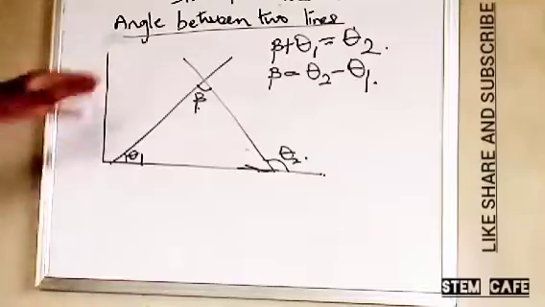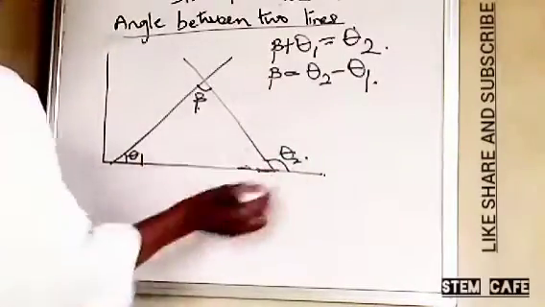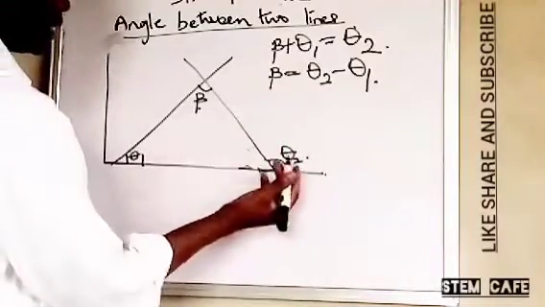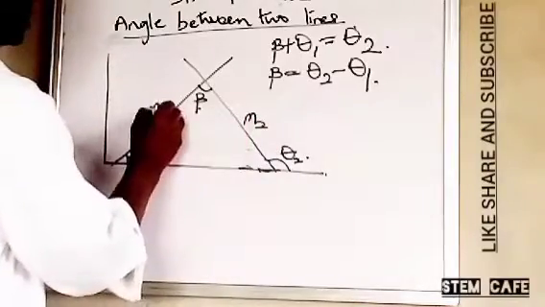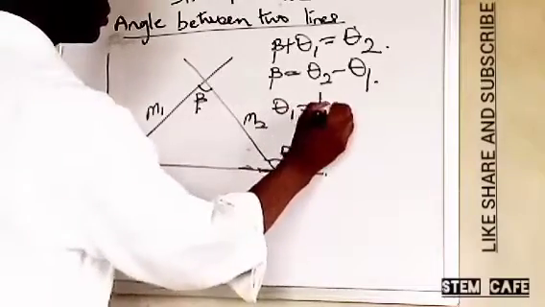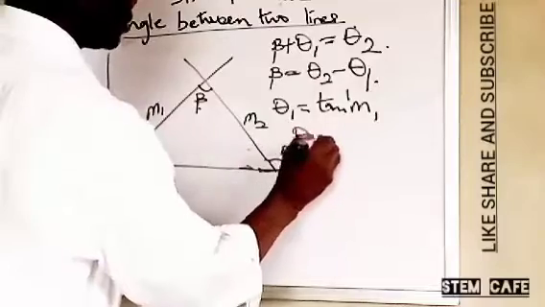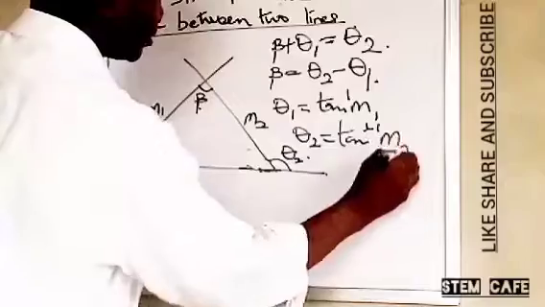Now to find beta, that is just one way. You can use your tables. Say the gradient of this one is m2, the gradient of this one is m1. So theta 1 is equal to arctan m1, theta 2 is arctan m2.